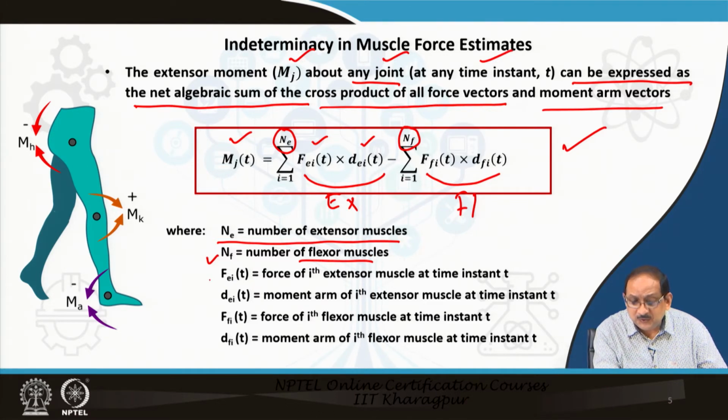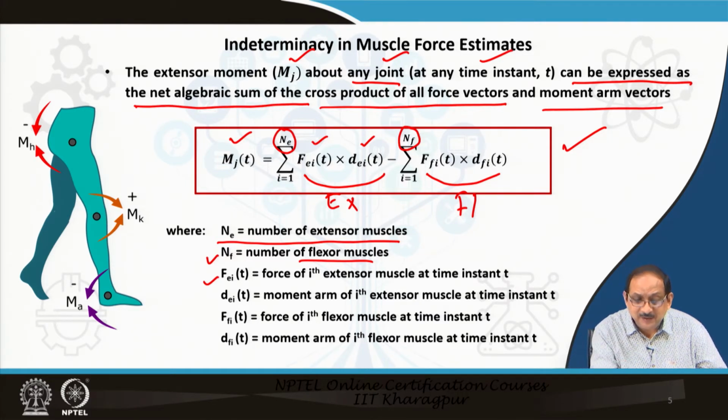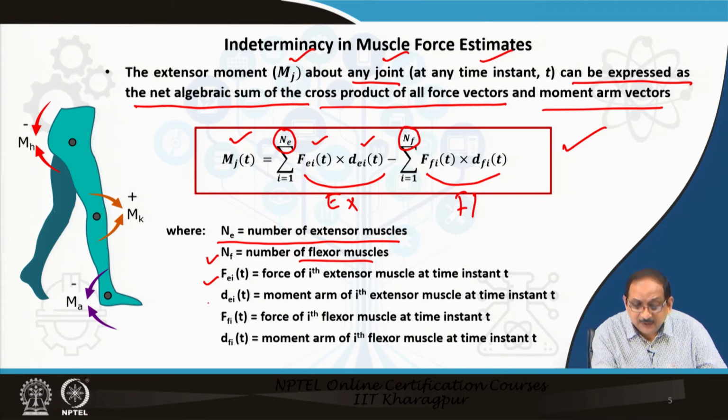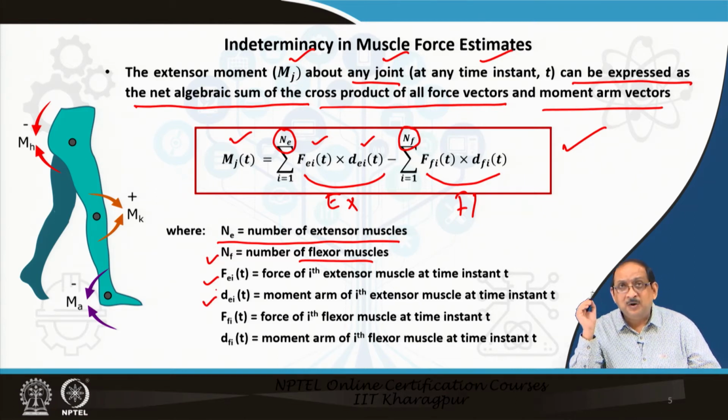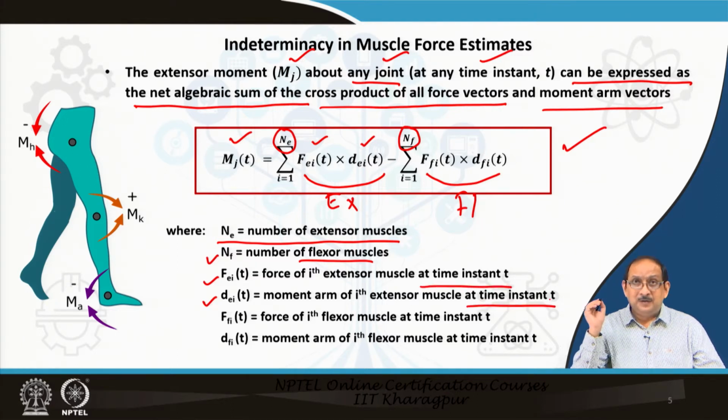The force of the ith extensor muscle at any time t is represented by Fei, and the corresponding moment arm of the extensor muscle is Dei, always as a function of t, because we are taking into account the force at any time instant t.